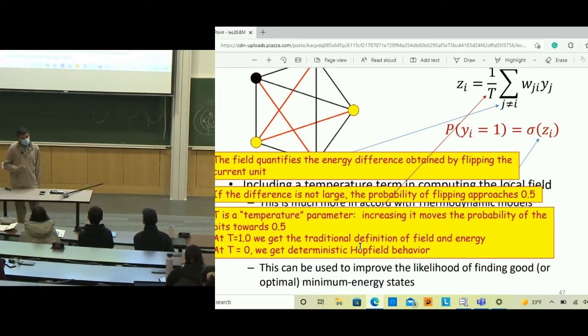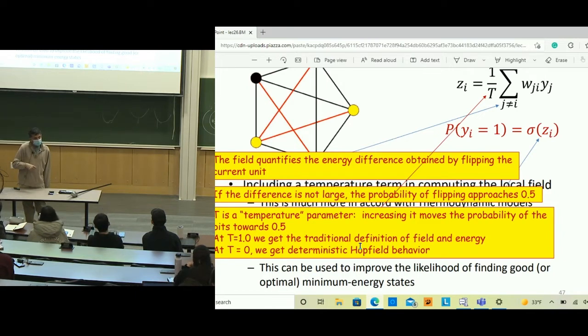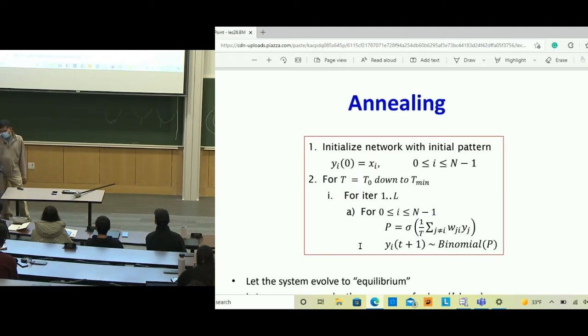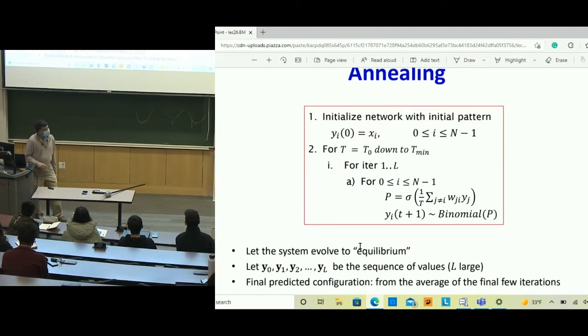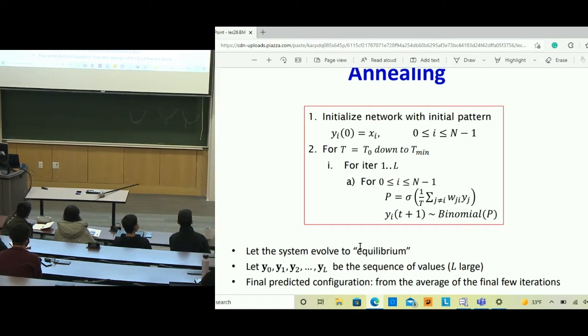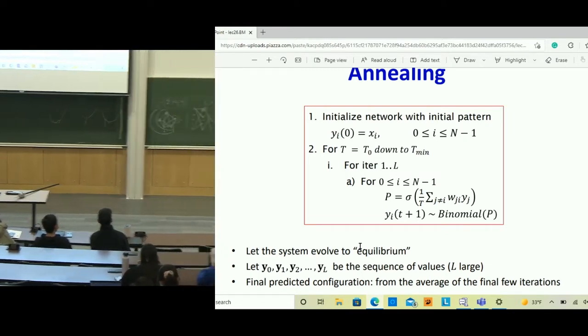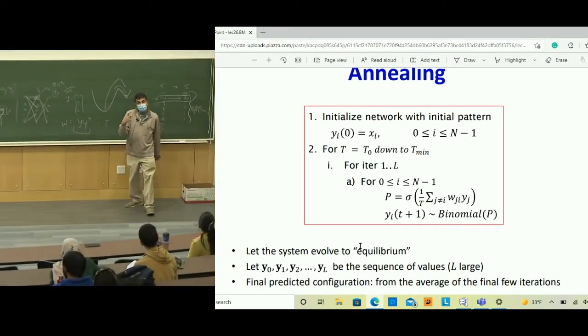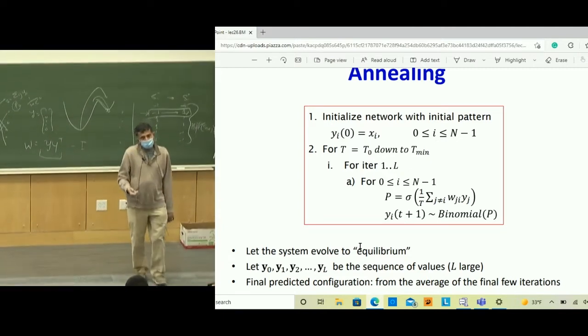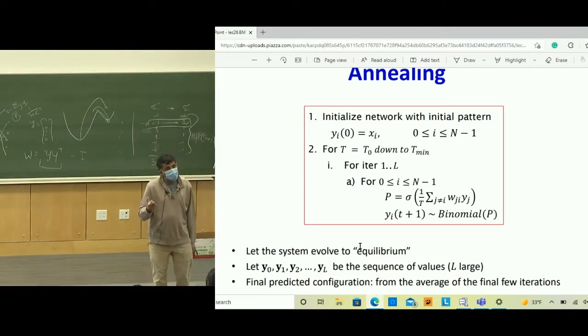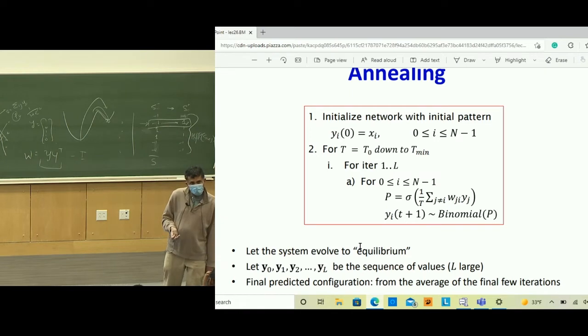That becomes your standard Hopfield network, where this becomes a threshold function. If the field is positive, the output becomes 1. If the field is negative, the output becomes 0. So here's what we want to do. If you end up in a situation like here, you want a high probability of changing the state, even if the current state has a very low energy.